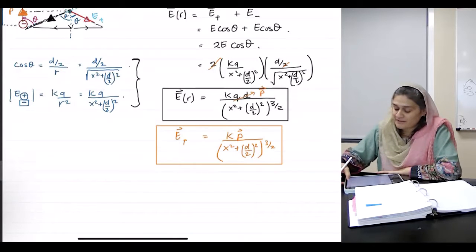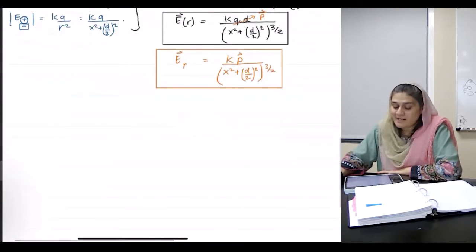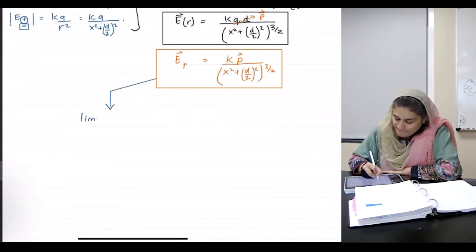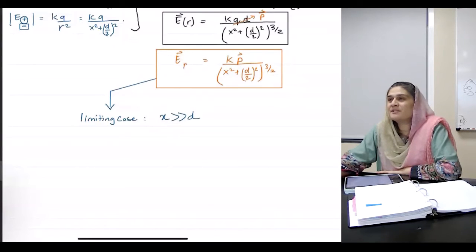Let's simplify it. For most cases, you only deal with what is called the limiting case. And what is the limiting case? x is much, much bigger than d. When x is much, much bigger than d, can I use the binomial expansion?